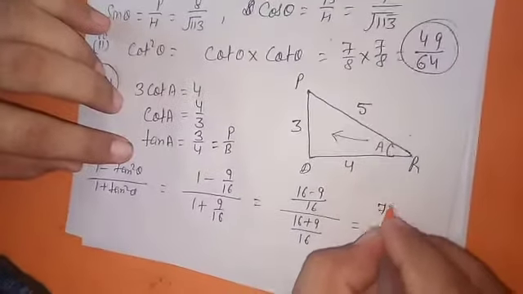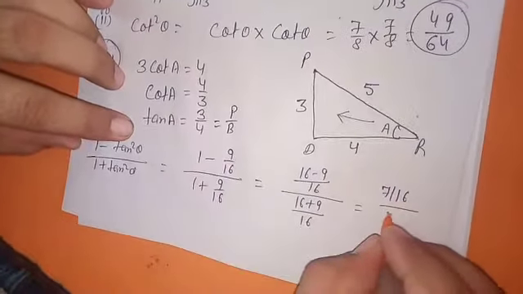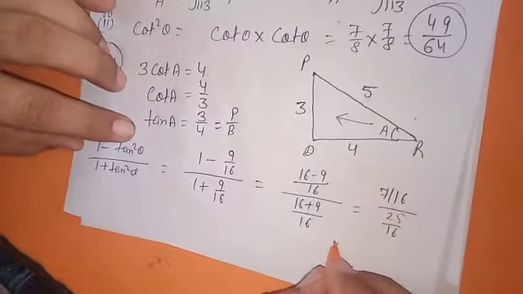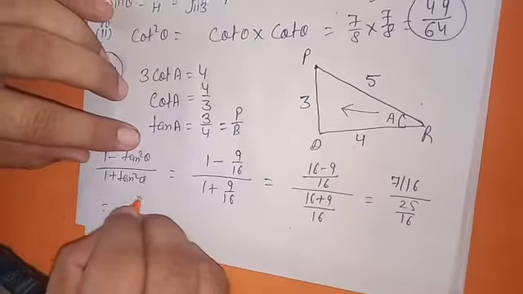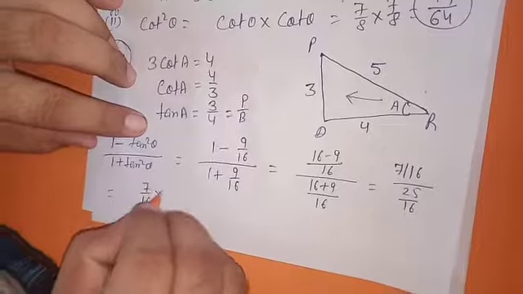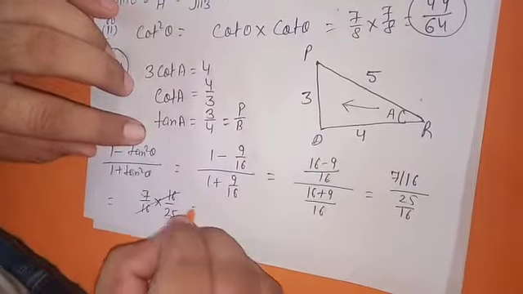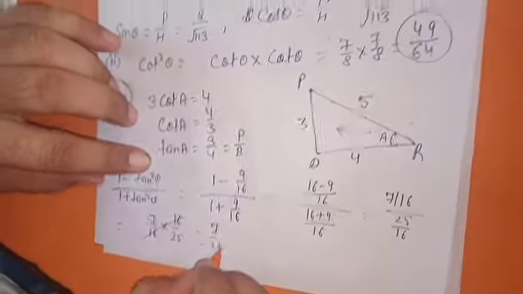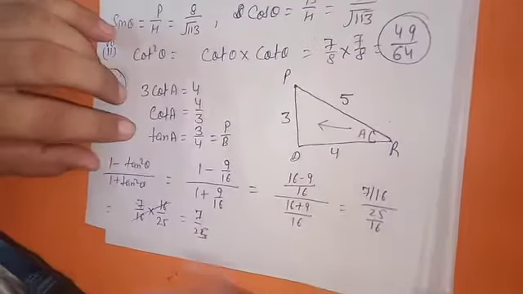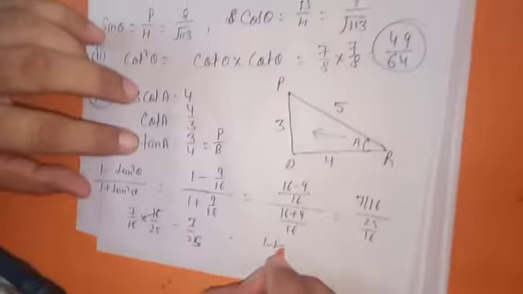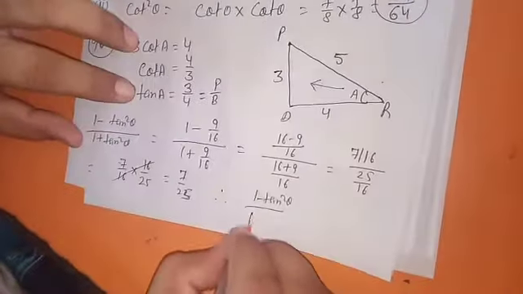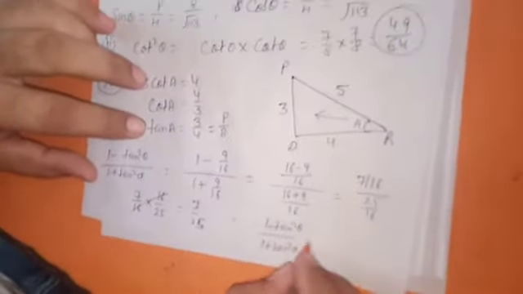That is 7 by 16 over 25 by 16. So this is 7 by 16 into 16 by 25. Cancel out, 7 by 25. This is the value. Therefore 1 minus tangent square theta over 1 plus tangent square theta is equal to 7 by 25.